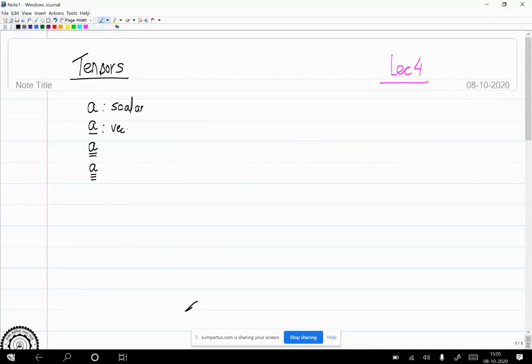This becomes a vector with 1 bar below. Then this is a second order tensor. This is a third order tensor, and likewise. Vectors are first order tensors, and scalars, for example, are zeroth order tensors.